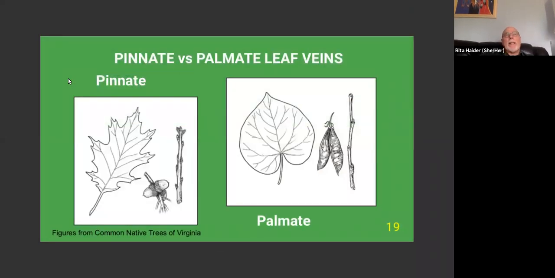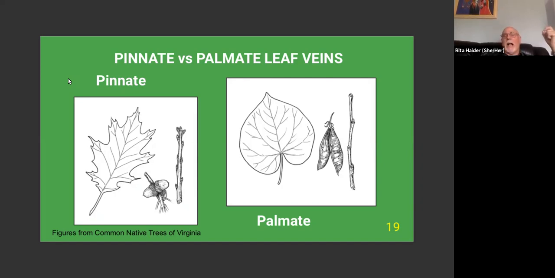As we have palmate and pinnate compound leaves, we have pinnate versus palmate veining in the leaf. On the left is an oak. The oak leaves are pinnately veined. You'll notice I've got a central vein running up the middle of it, and it's got tributary veins coming off the sides. And those pinnate, those tributary veins are coming off at different points from the central primary vein.